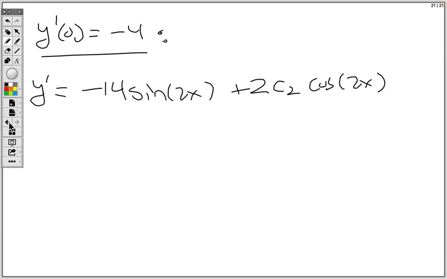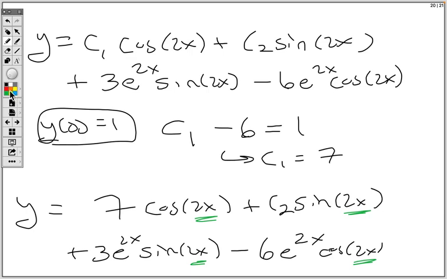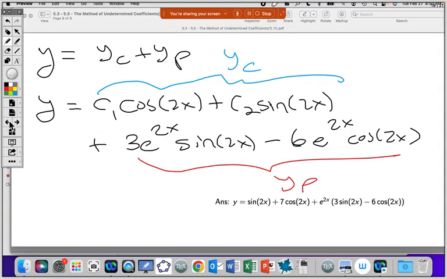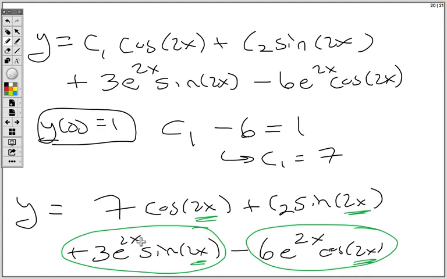cosine 2x. And when I go to take derivatives of these next two terms, what rule do I have to use? Yeah, product rule. And once again, when I go to take the derivatives of these exponentials, I'm also going to get a factor of what to pop out. So when I take the derivative of the first factor, 3e to the 2x, I'm going to get 3e to the 2x times 2.